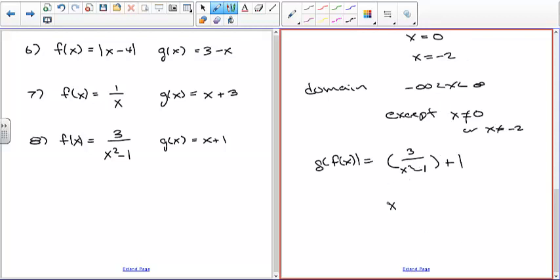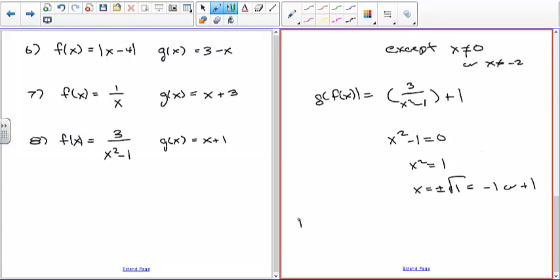So we can't have x squared minus 1 equal to 0. x squared equals 1, x equals plus or minus the square root of 1, which is going to be minus 1 or plus 1. So the domain of g of f of x is going to be all real numbers except x does not equal negative 1 or x does not equal 1.